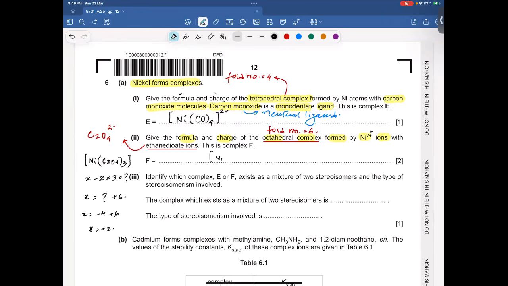So the formula is going to be like this. And by the way, you can write this formula in this way also.